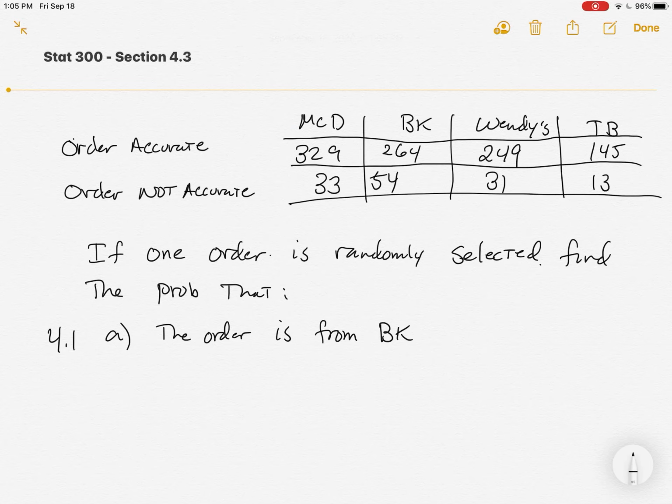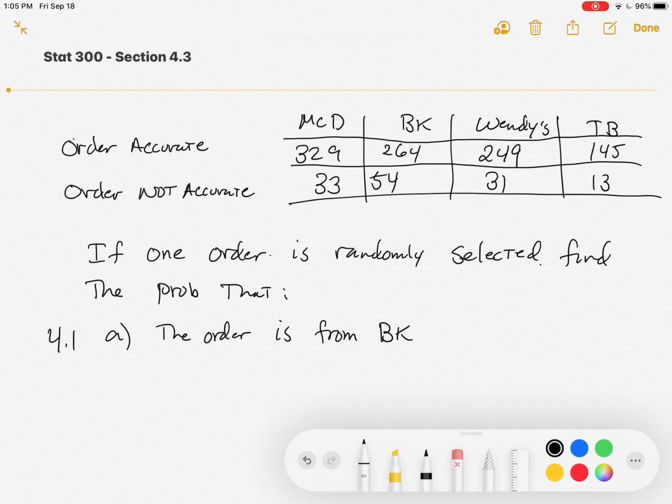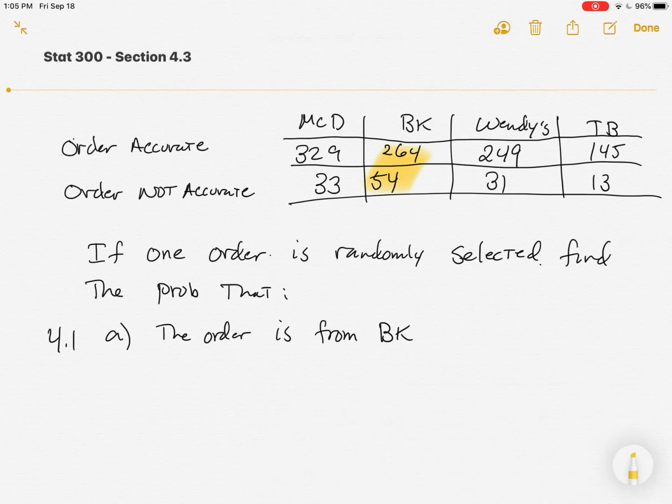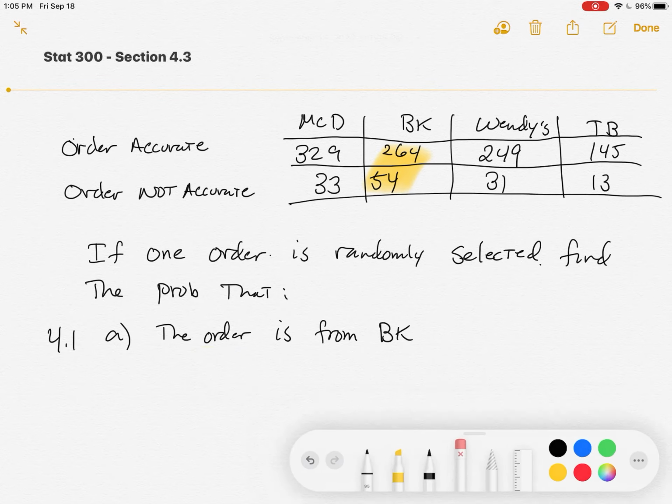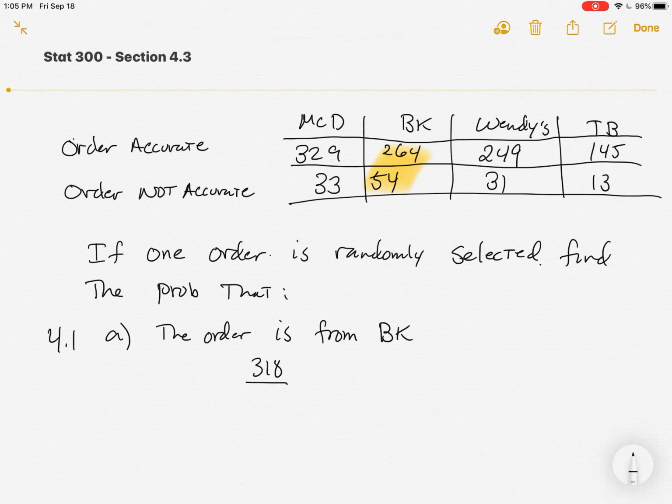Well, we can see the Burger King orders right there, making sure we're looking at the right areas. And that's 264 plus 54, and that's 318 orders that are from Burger King, and that's out of, if you remember, the total was 1,118. We totaled that up last time, but if you did a quick add of all those numbers, that's what we would have. So from a chart, we could ask a 4.1 question.